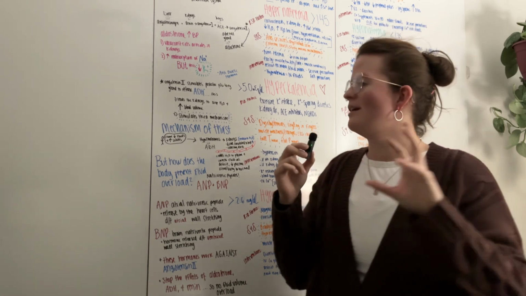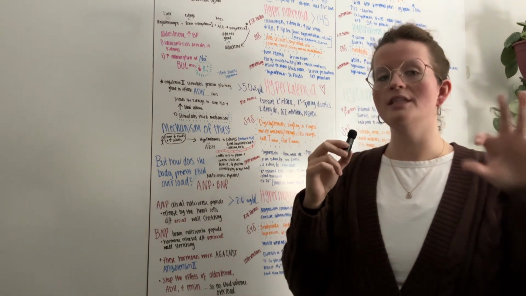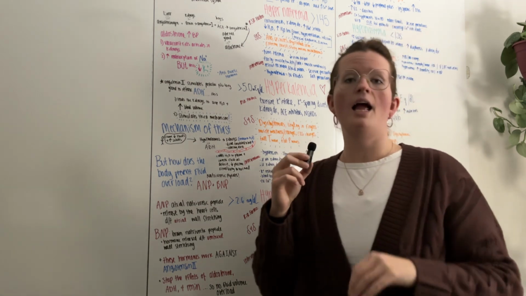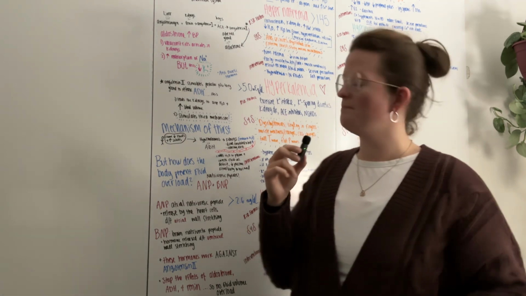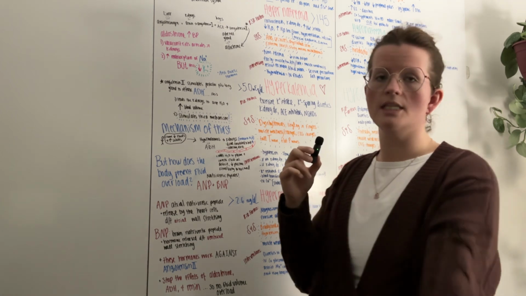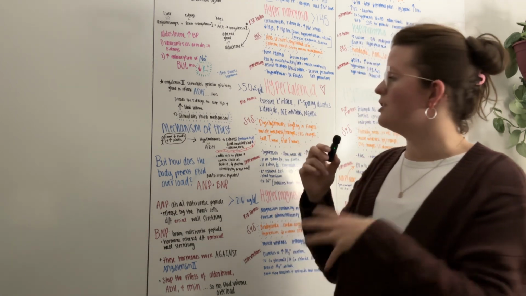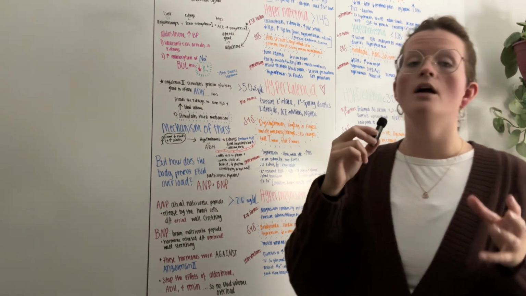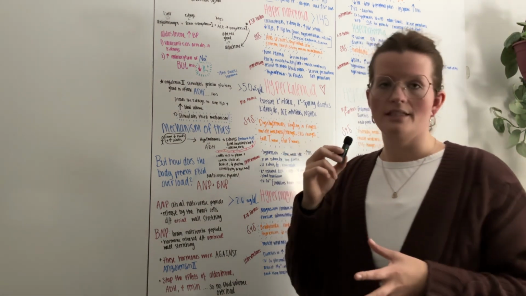From here, the hypothalamus releases the ADH because that is where it is made, and it is stored in the pituitary gland. The ADH then goes to the kidneys, more specifically the distal convoluted tubule and the collecting ducts.